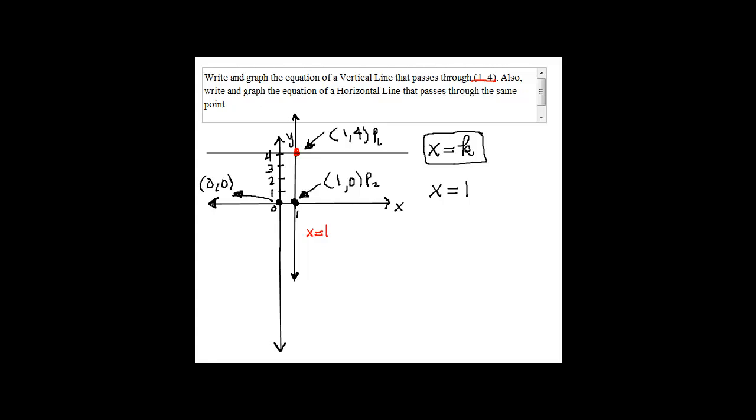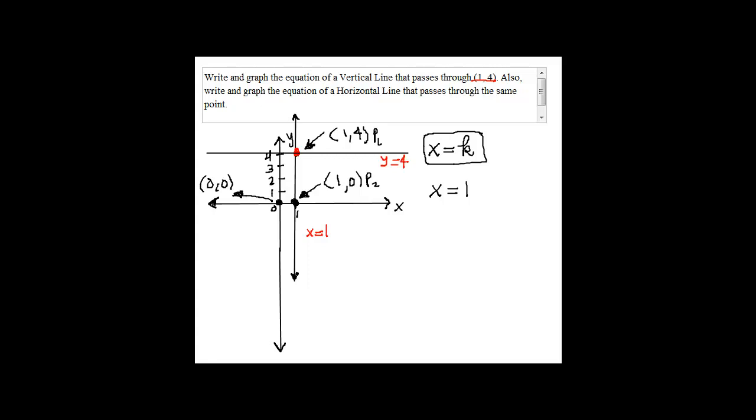So the equation of that would be y is equal to what? Anybody? What would be the equation of this line? 4. Very good. Y is equal to 4.